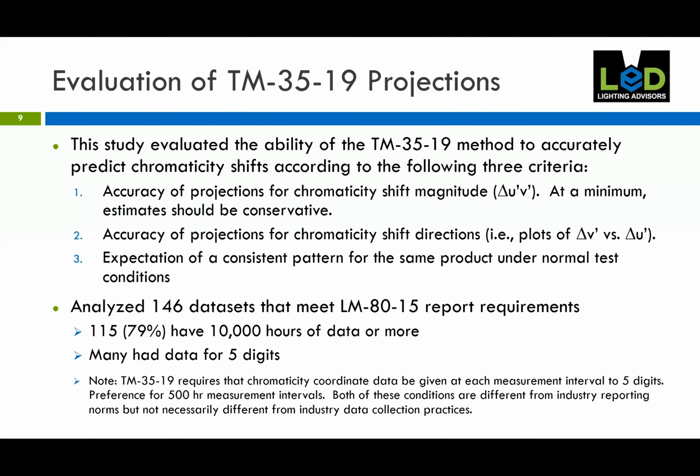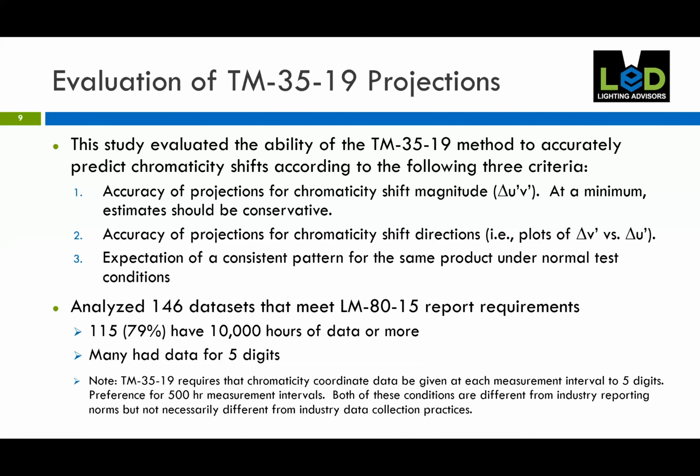The second criterion was the accuracy of the projections for chromaticity shift directions. It should predict a shift in line with the known physical degradation mechanisms for different package classifications. And then the third thing is you want to see a consistent pattern across the data sets for a given LED product at the test conditions that produce the same phase, for example, incubation, recovery, or emergence.